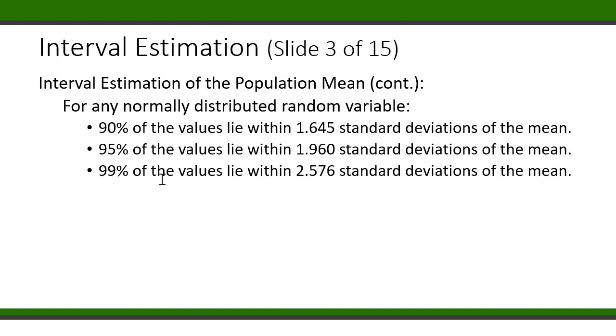And 99% of the values lie within 2.576 standard deviations from the mean. This should go back to what we looked at with a normal distribution. We said that if it's further out than plus or minus 3 standard deviations, then that was probably an outlier, and we should take that out of our data set, or at least examine it more.